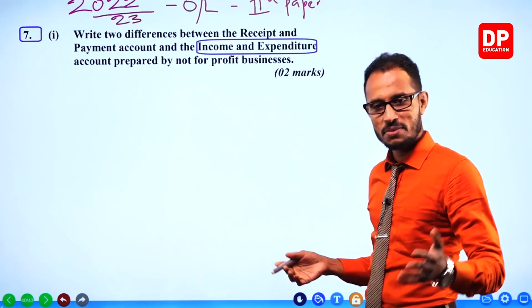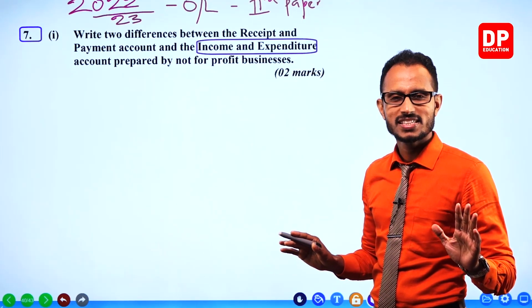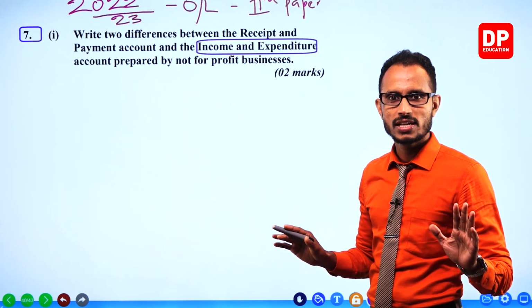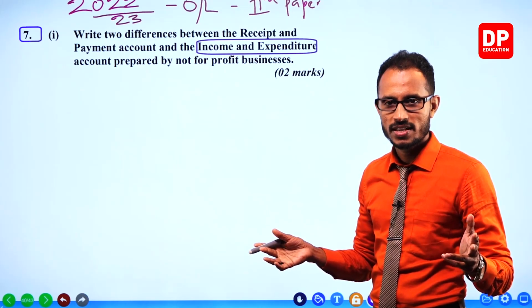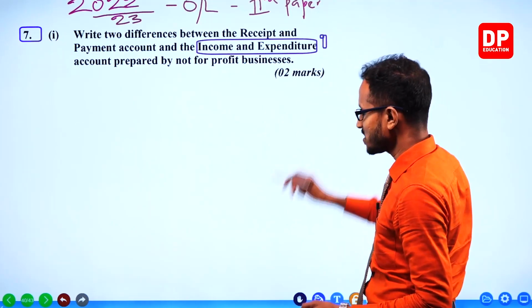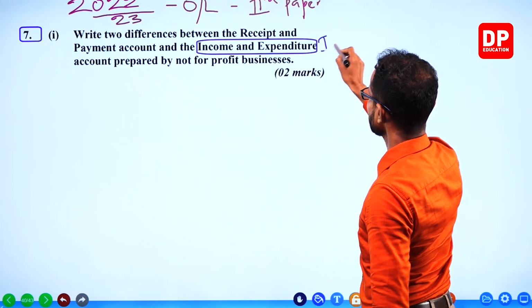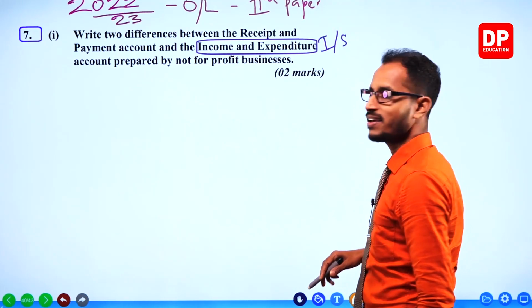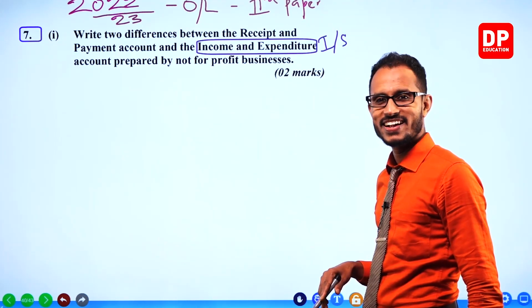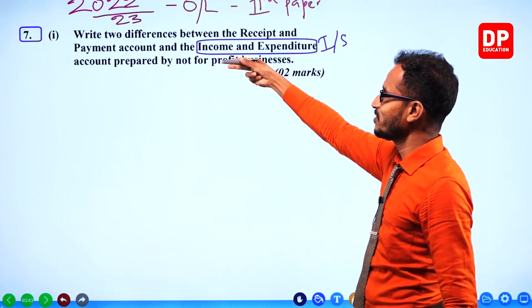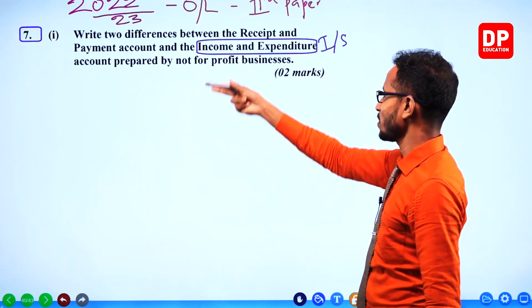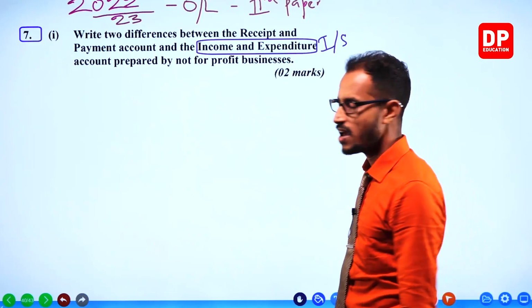This name is also correct, but it's not really mentioned in the textbook. In the textbook, it's mentioned as income statement. But on the paper, it's referred to as income and expenditure account. Same thing.